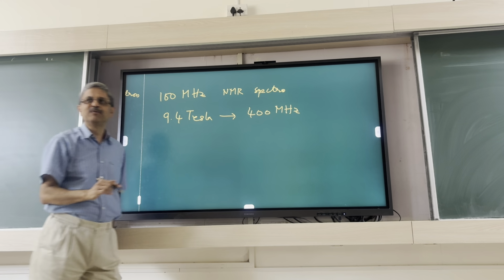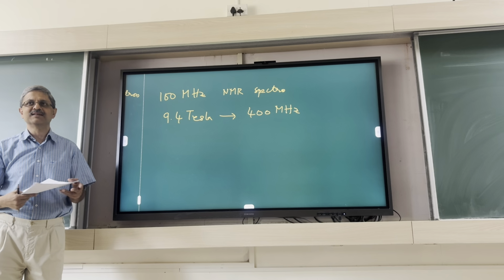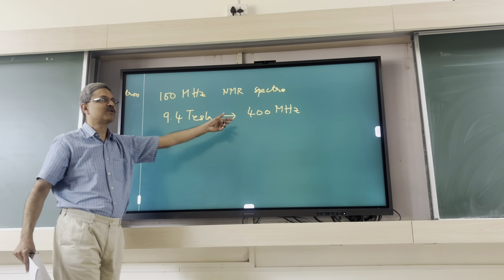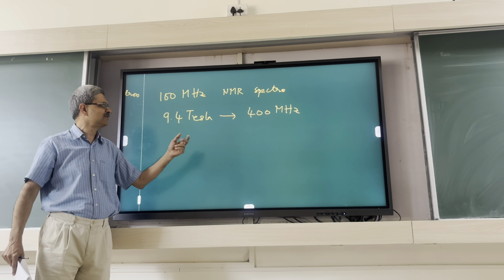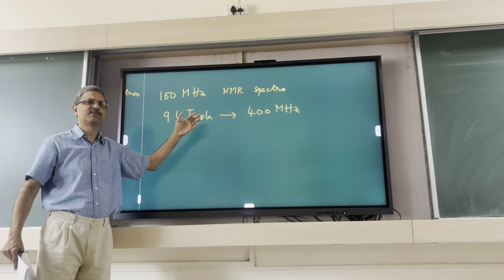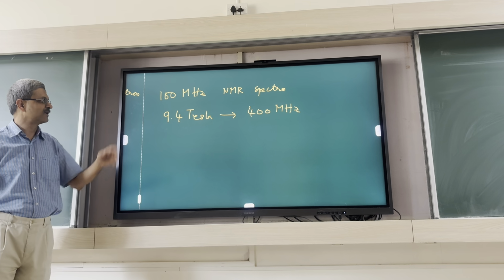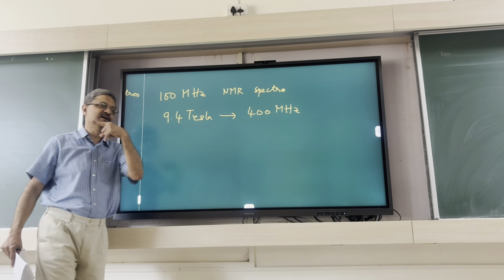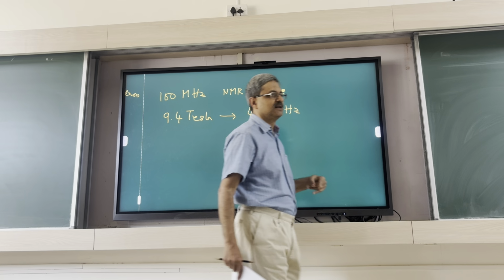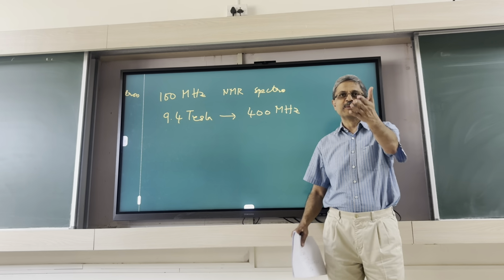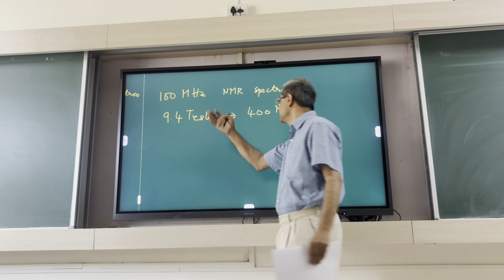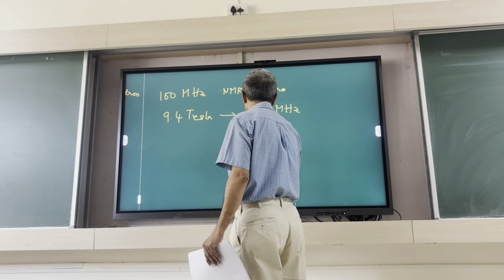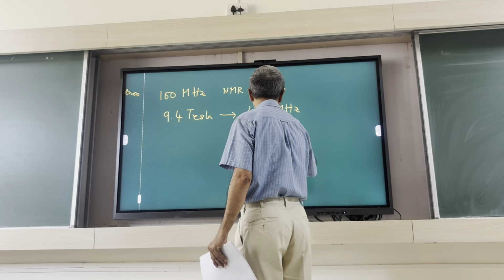It means if you did proton NMR in there, the resonance would appear at about 400 megahertz. Because you have 42 megahertz per Tesla, multiply by 9.4 and you get about 400. The highest in the institute, I was trying to remember the field, is actually 650 megahertz.